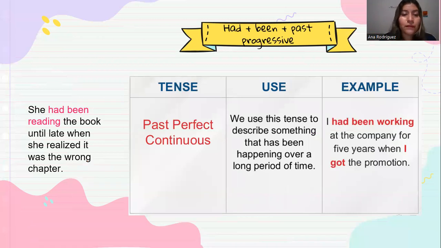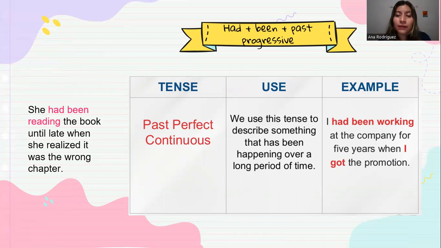Also, we can use past perfect continuous. She had been reading the book until late when she realized it was the wrong chapter. So there was a continuous action, okay? Something that happened, okay? We use it to describe something that has been happening over a period of time, okay?